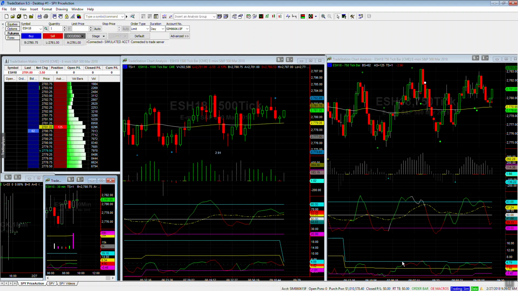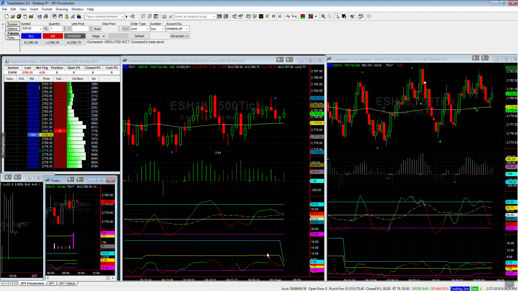When this range compresses enough, these lines, the upper bound and the lower bound, will turn yellow, and that to me reflects a time where the inactivity is both too small and too unsure of what direction it wants to go in, and that just represents a no trading zone.